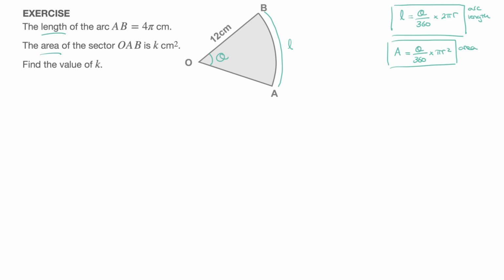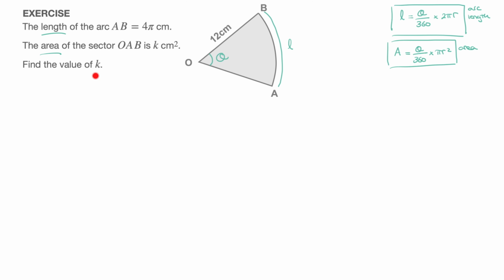Now just to be clear, in both of these formulas, the theta is the angle formed at the center here, and the r is the radius of the circular sector, which in this case equals 12 centimeters. Now, to find the value of k, since k is equal to the area of this sector, we can start by copying the formula for the area, but replacing the A on the left-hand side by k.